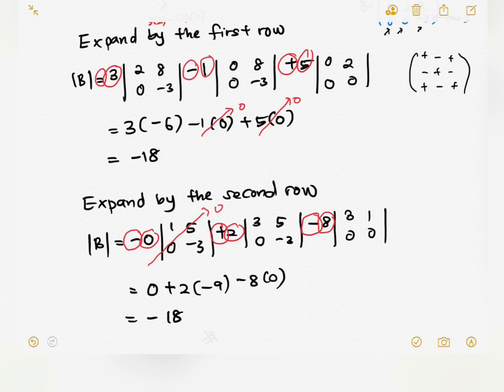This determinant of 2 times 2 has become 0, so times x will be 0. So what's left is 2 times negative 9, which is negative 18 as well. So you may expand by any row, not only the first or second or third. You may try using all rows, and you will see that the answer is exactly the same.